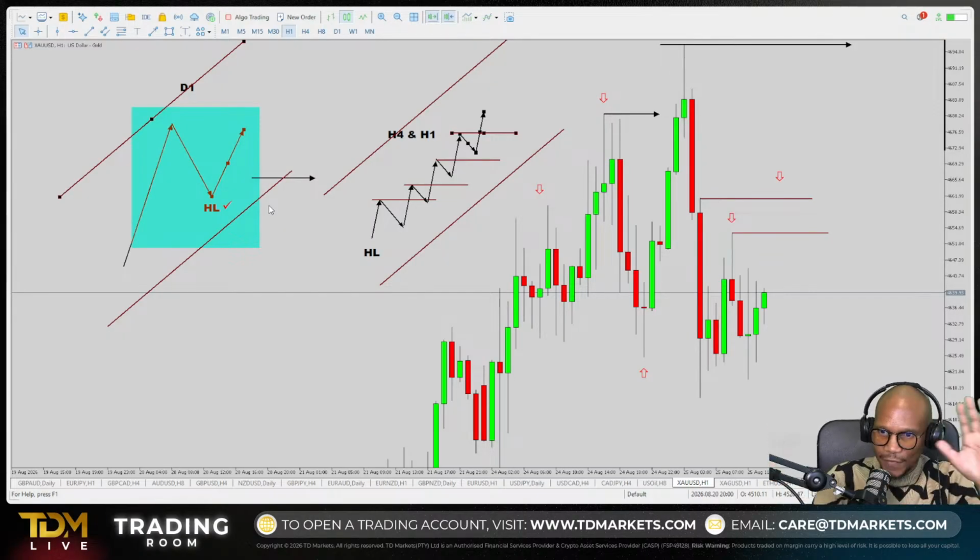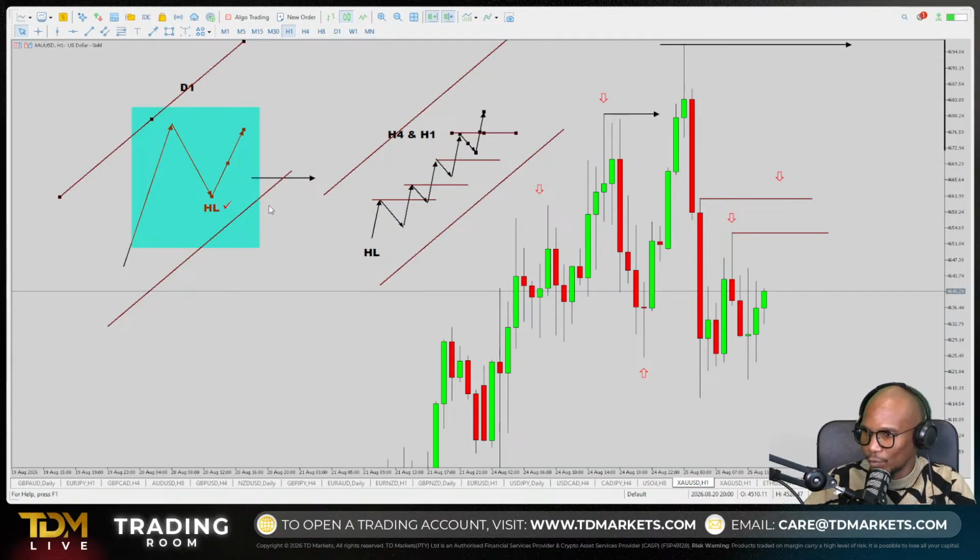And once things have aligned together, then the entry is going to be very simple. You can even use a very basic entry technique. When you start learning how to trade and you do your research, you're first going to come across the most basic things, which a lot of people tend to overlook. What I'm showing you here is the most basic thing.